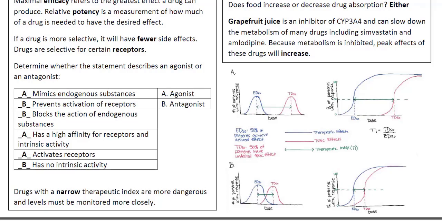On the other hand, let's imagine that drug B represents a blood thinner where the ED50 is 5 milligrams and the TD50 is 20 milligrams. 20 divided by 5 would give us a therapeutic index of 4. 4 is smaller than 10. Drug B has a narrower therapeutic index than drug A.